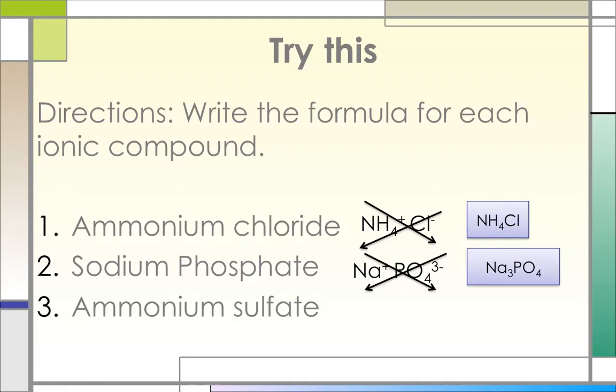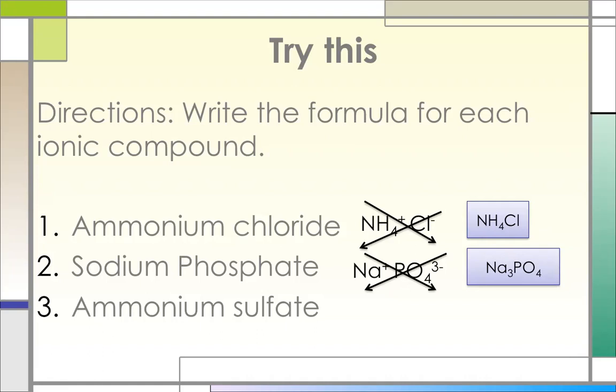Monoatomic kasi ang sodium, so hindi mo na siya kailangan lagyan ng close and open parenthesis. Ang lagyan mo lang ng close and open parenthesis ay yung polyatomic ions na may two or more number of subscripts or atoms.